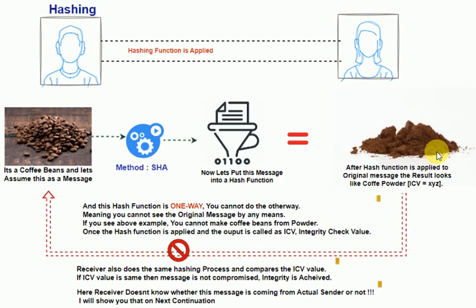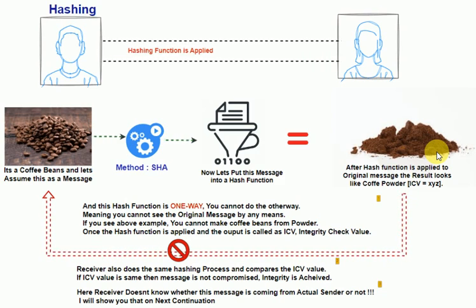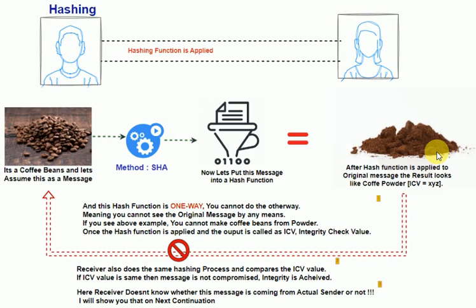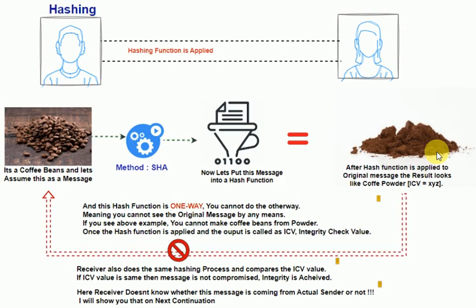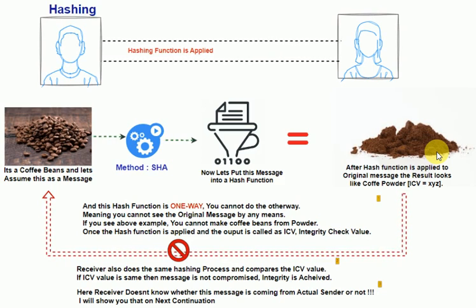By seeing this hash value, first of all, you cannot understand what the actual message is, or convert it into the actual message. By doing the reverse process with the same hash value, you cannot get the actual message. That's why I took the coffee beans example here.